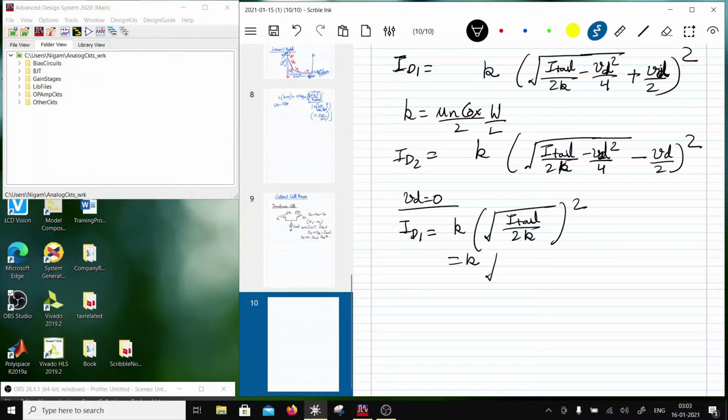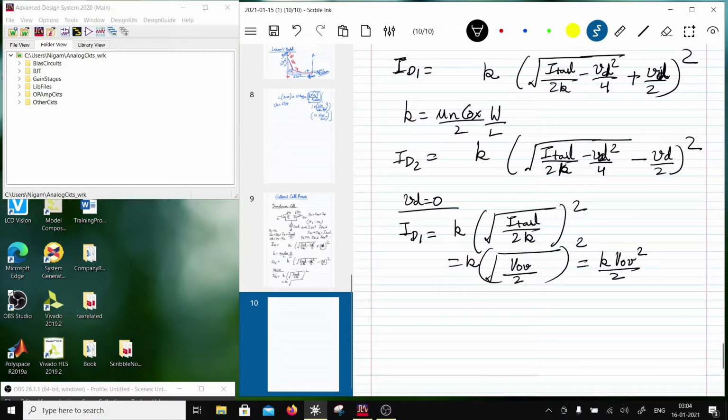This will be V overdrive by 2 square, so it will be K times V overdrive square by 2. Okay, let me check this.